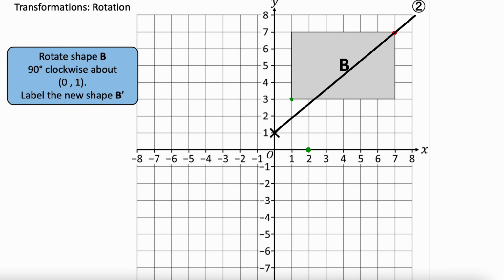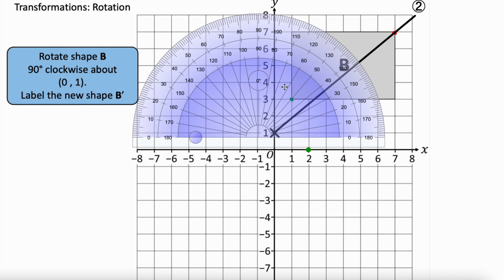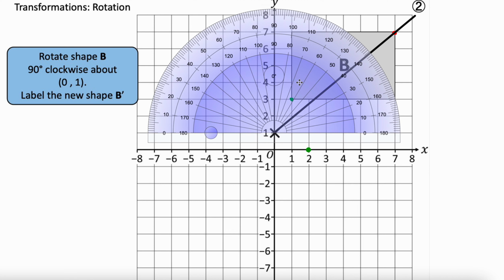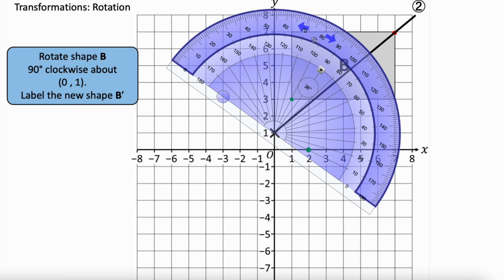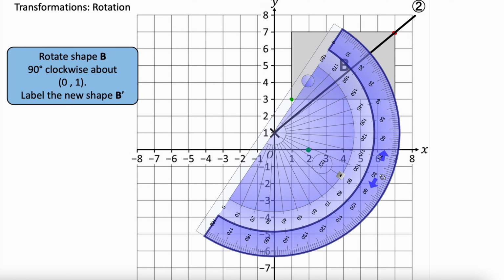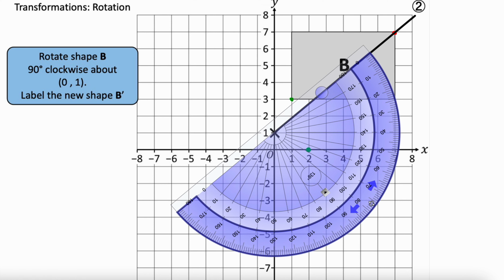And then we will take our protractor again and place it at the center of rotation. Let's see whether we are quite exact here. And then don't forget, we will turn this protractor around and make sure that it is aligned to the line that we have just made.